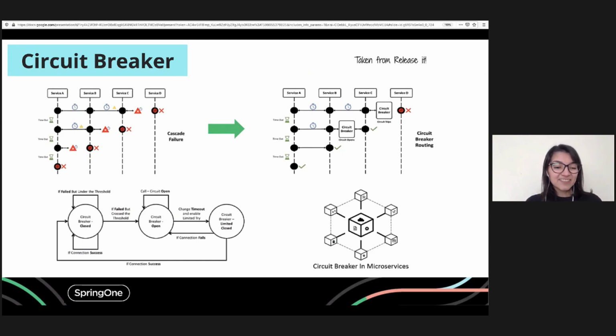In the energy industry, circuit breakers protect our houses from burning. The principle is based on three states: detecting excess usage, failing first, and opening the circuit.